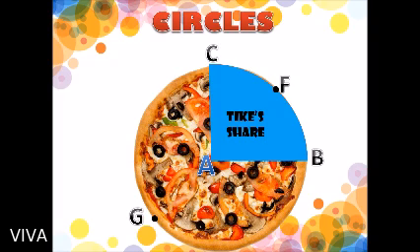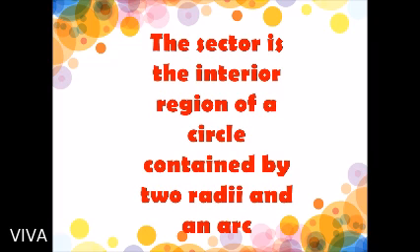There is an arc and 2 radii containing some part of the interior region of the circle. This is called the sector of a circle. We can define the sector of a circle as the interior region of a circle contained by 2 radii and an arc.